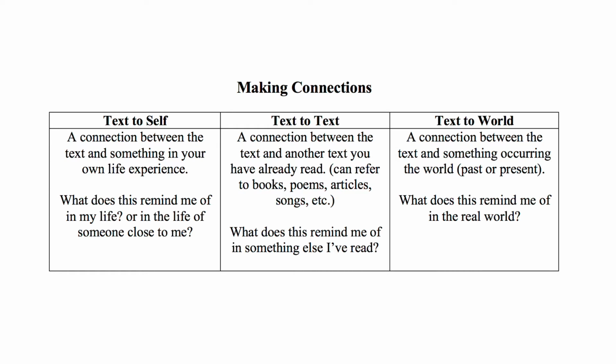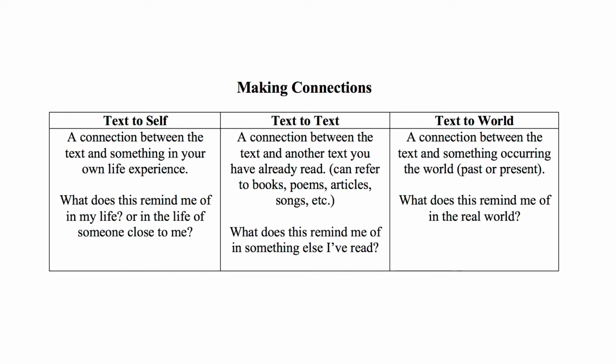This Making Connections chart is found on page 12 in your book. So make sure you turn there now, and then you can add notes to this. So we've got text to self. What does that mean? It is a connection between the material you're reading and something in your own life experience. That's like that background knowledge, but something that's happened to you personally.